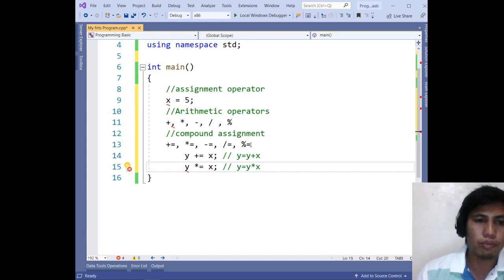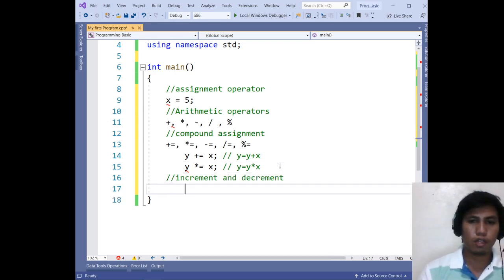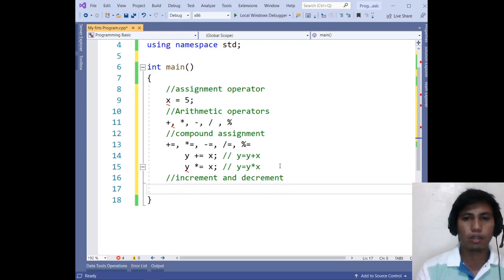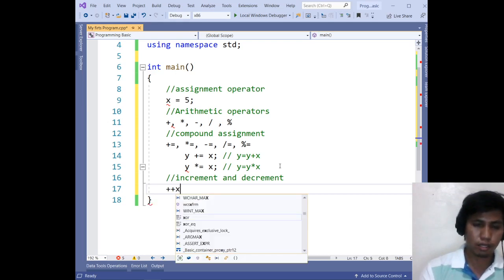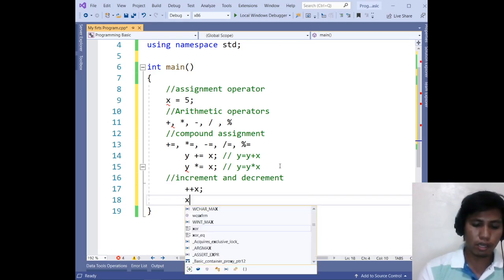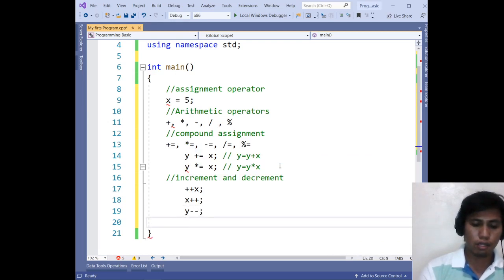Then we also have the increment and decrement. So we have, let's say, plus plus x or x plus plus or y minus minus or minus minus y.